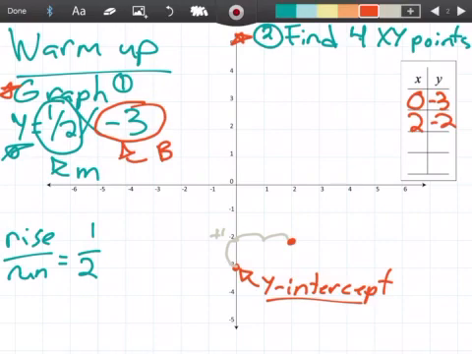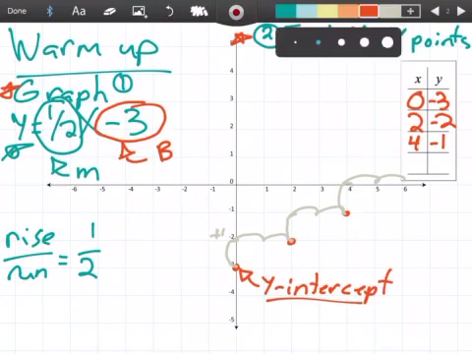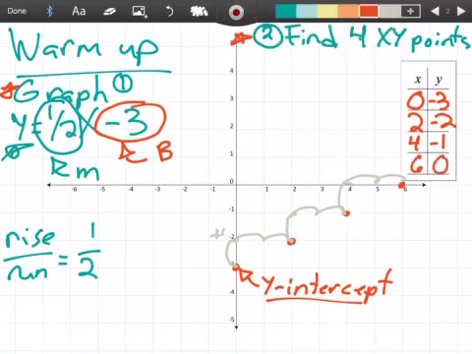And we can keep this formation going. If we just go up 1 unit and then over 2, we get this other point here, 4, -1. And we can keep this formation going up 1, over 2, graphing this point here, 6, 0. Are these the only 4 points that we could come across here?